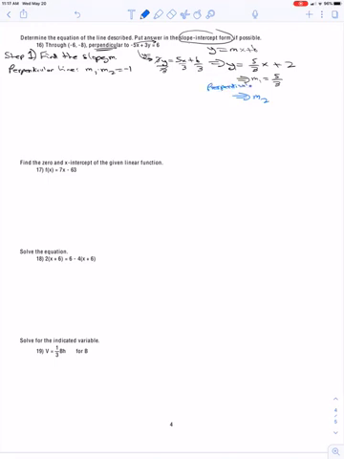If it was parallel, we would use the same slope, but we want it perpendicular. We need the opposite reciprocal. Opposites are -5/3. Reciprocals, we flip it, -3/5. If you were to multiply those two together, 5/3 times -3/5, you get -15/15, which is -1, perpendicular.